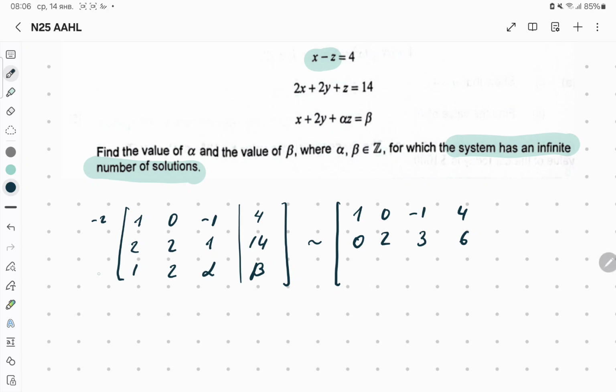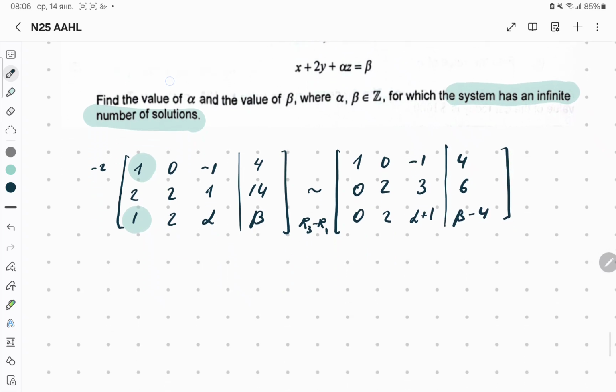Actually, if we consider it, there is a much easier way. Just subtract. We will subtract row 3 minus row 1: 0, 2, alpha plus 1, beta minus 4. Okay, and 2 zeros are obtained, you see, and we have to make this 0 here.